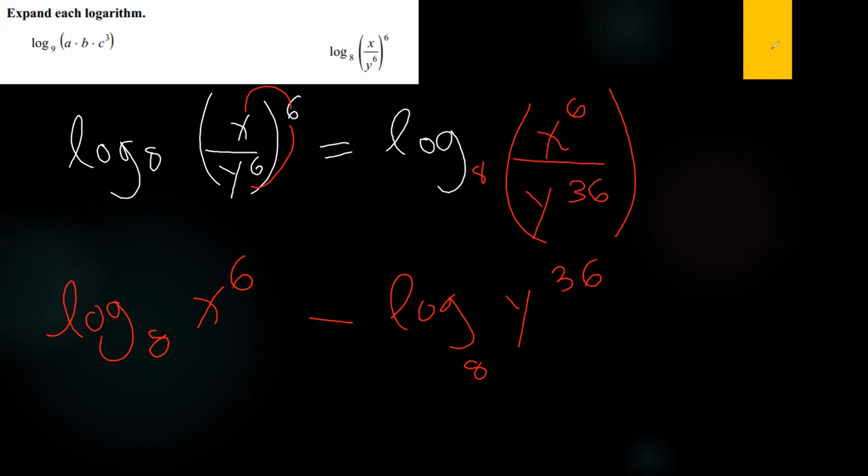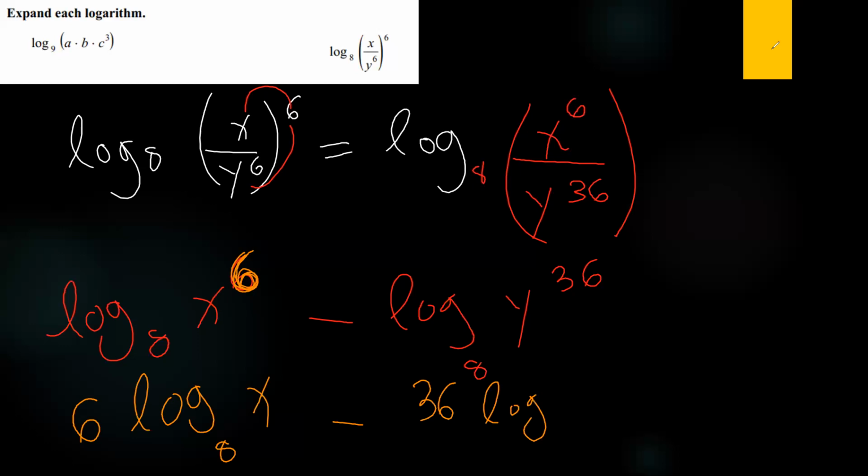No. What did we have to do then? The powers. Bravo. Since they are raised to a power, I can put the power here as a number. So it is 6 logarithm to the base 8 of x minus 36 logarithm of y to the base 8.